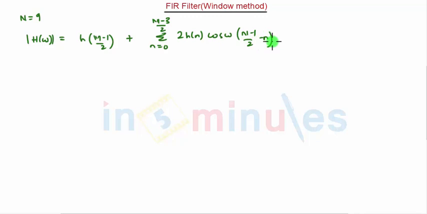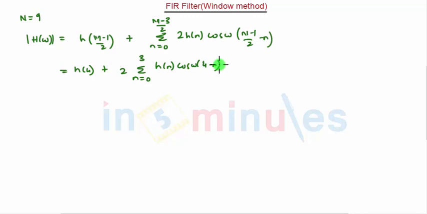So putting N is equal to 9, we get h of 4 plus 2 into summation n is equal to 0 to 3 h of n cos of omega into (4 minus n).